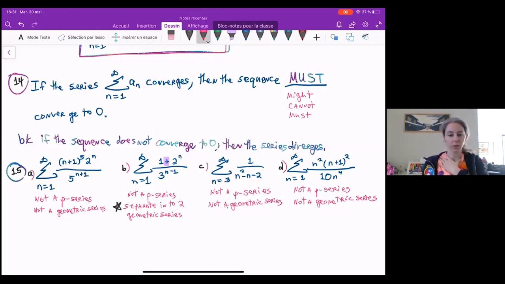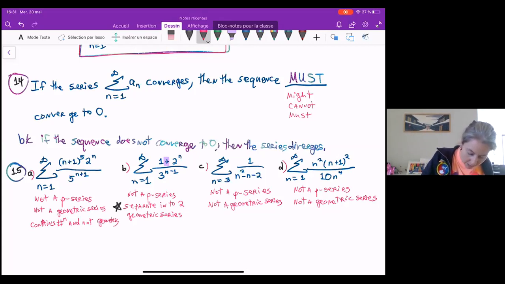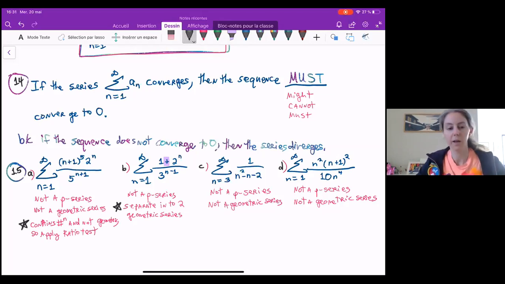If it does, then that means we apply the ratio test. So here A contains a number to the n and is not geometric, so apply the ratio test. Okay, so we figured out how we are going to do A when it comes time to it.